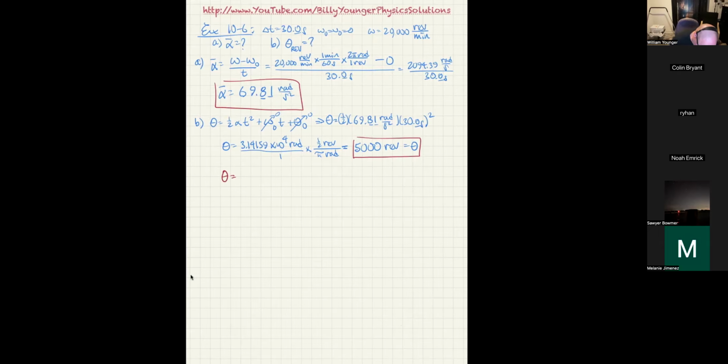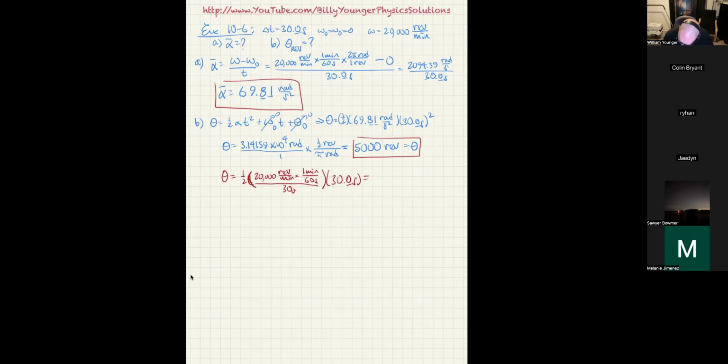We could have done 1 half times, in this case, 20,000 revolutions per minute times 1 minute over 60 seconds, and then all that divided by 30 seconds, that would be our average acceleration, and then times 30.0 seconds squared. If I did this, it'll come out to the same thing.